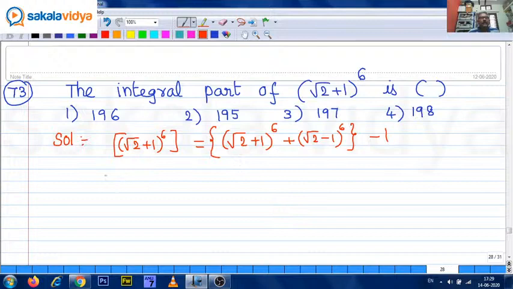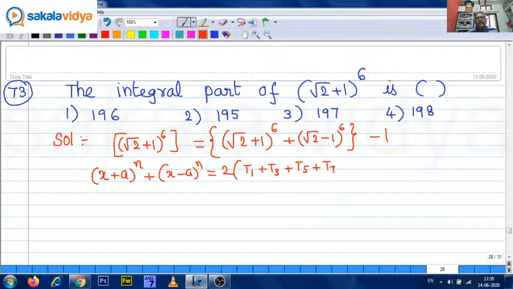This is in the form of, I will write, don't worry, for your sake: (x plus a) whole to the power of n plus (x minus a) whole to the power of n is equal to 2 times first term plus third term plus fifth term and so on. Here there are 7 terms, so you get t7.